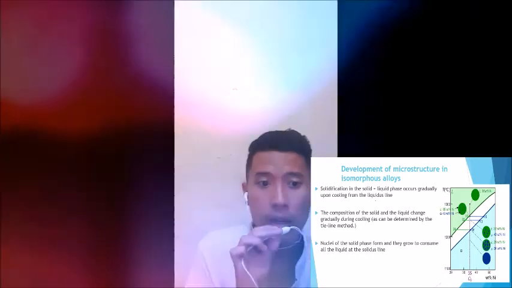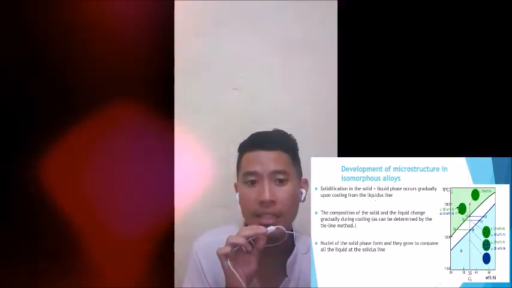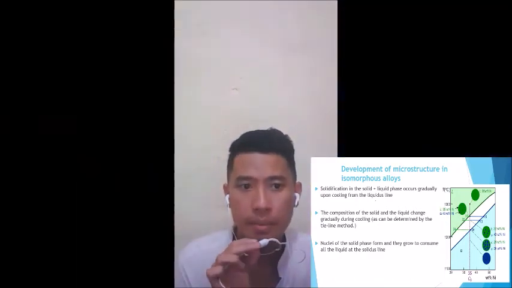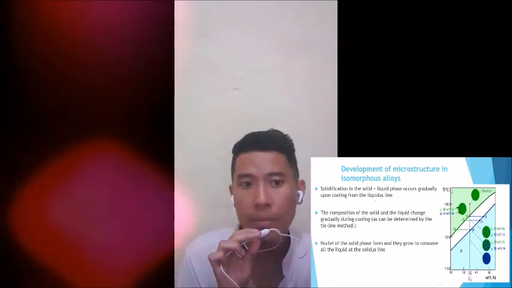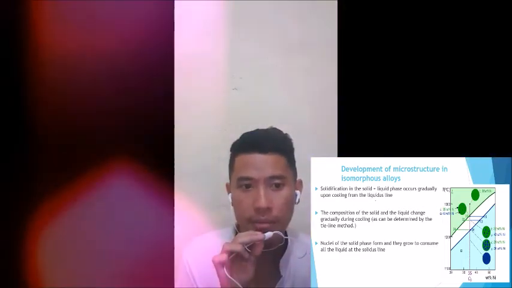Nuclei of the solid phase form and they grow to consume all the liquid at the solidus line. This is the diagram that shows the development of microstructure in isomorphous alloy.